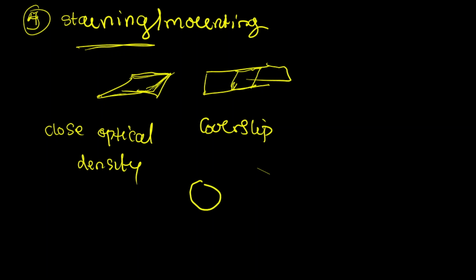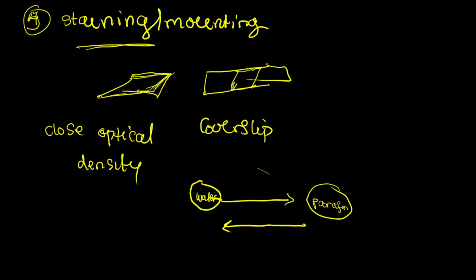So in paraffin embedding, we had a tissue block full of water, and then we removed all of the water and then we embedded it in paraffin. Now what happens in the staining process is that this step is reversed. So we remove the paraffin now and basically replace it with water in order to stain this tissue slice.